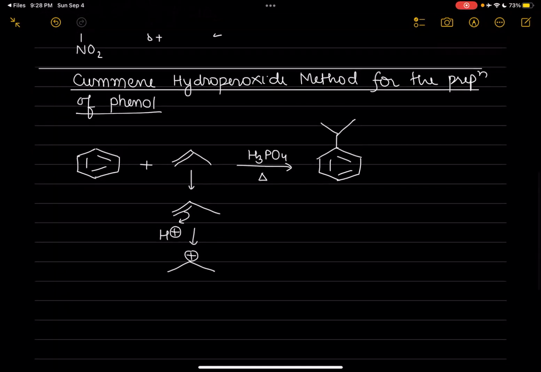So if you prepare phenol by this method, then it is known as cumene hydroperoxide method. Is it clear? Okay. So this is carbon, and we have a hydrogen here also, Darshan. Okay. So what we do, we react it with oxygen.